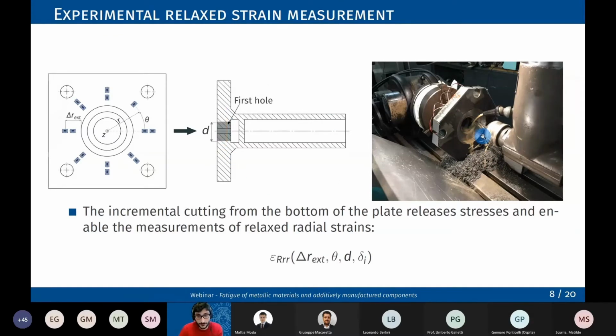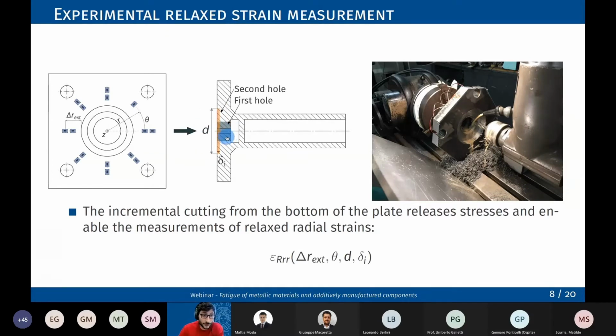We can say that this is a process similar to hole drilling, but we are speaking about a macro hole. So we cannot directly apply the formula used for hole drilling for calculating stresses. So we directly used strains in this case.